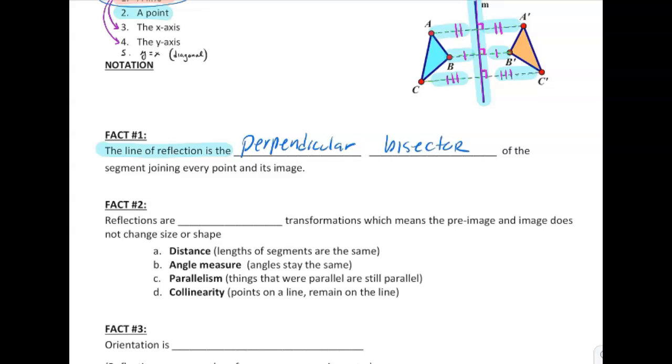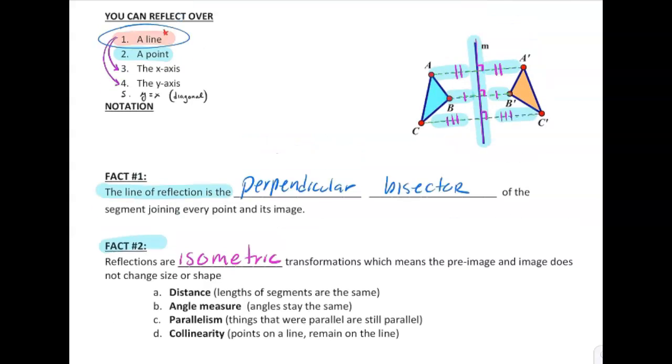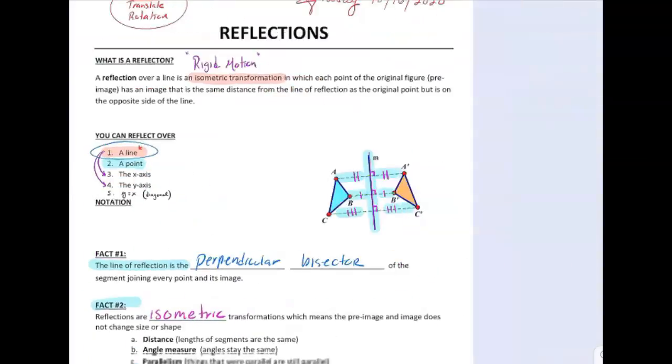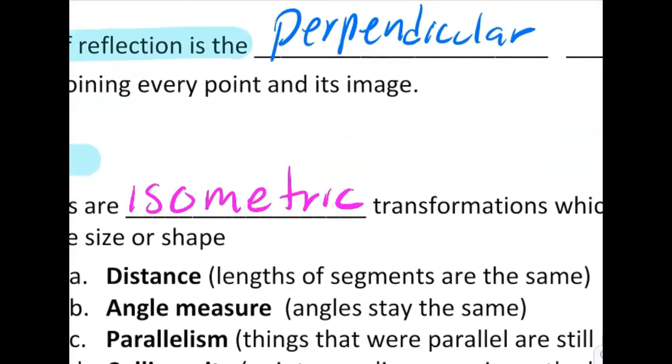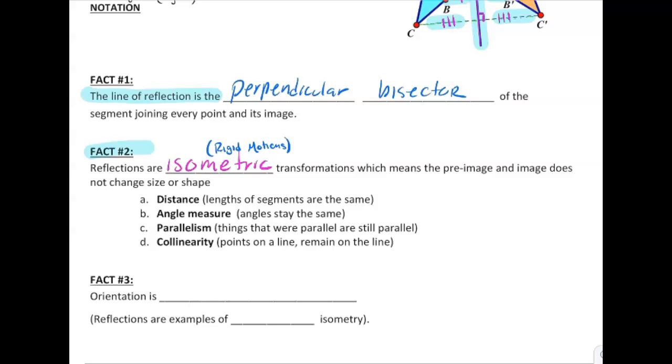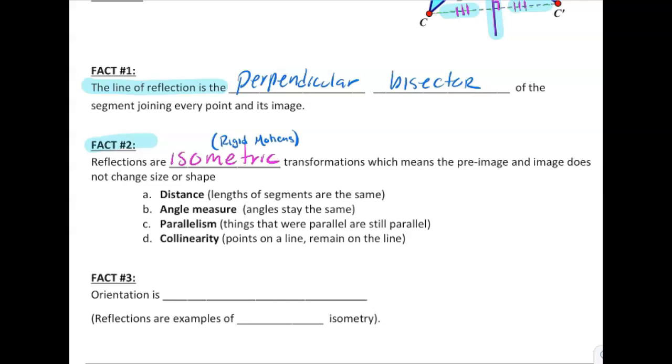Number 2, reflections are isometric transformations, and we know from right here that isometric transformation really just means rigid motions, which means the pre-image and image do not change size or shape, which means distance and angle are preserved.